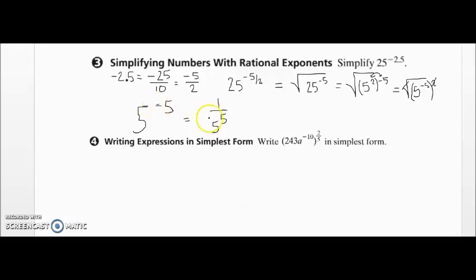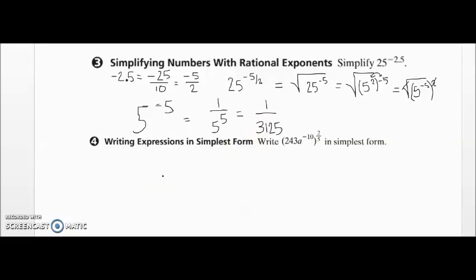All I did was make this a positive exponent in the denominator. And now we just simplify. Well, 5 to the 5th power is 3,125. So this is 1 over 3,125. So we simplified this with this funky decimal exponent all the way down to this.